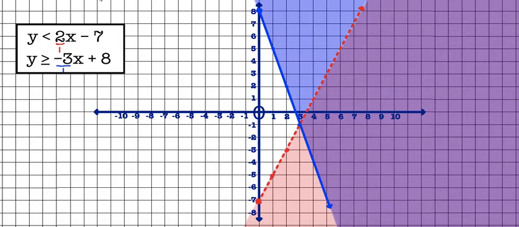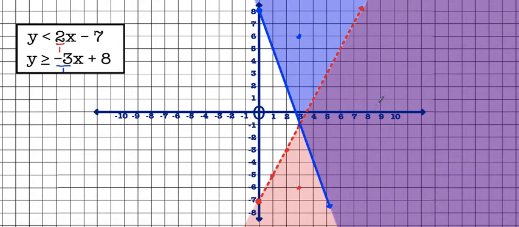So if I were to pick a coordinate in this blue area, that would only be true for my second inequality. If I were to pick a coordinate in this red area, that would only be true for my first inequality.